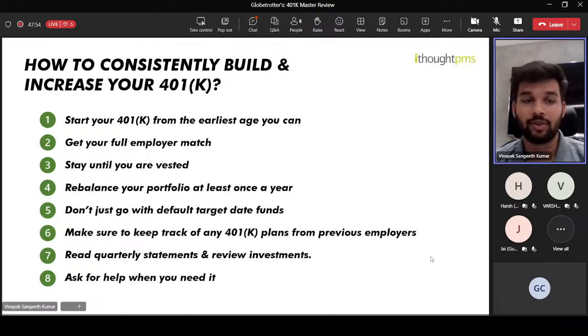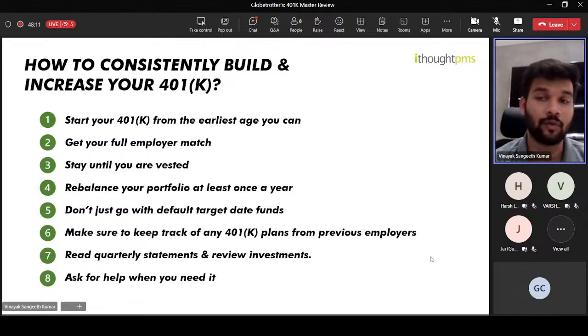Apart from that, it's not mandatory, but rebalancing your portfolio at least once a year is important, so that you have complete oversight of the portfolio and can see what it is doing based on your investment tenure.